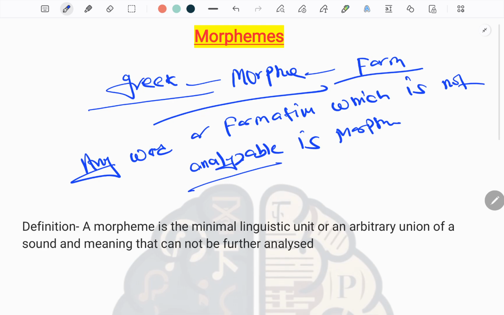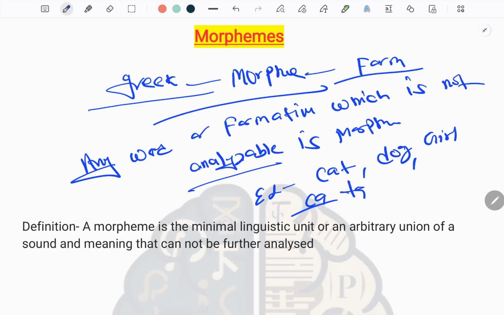Okay, if we take a simple example, like cat, or dog, or girl. If we write ca, ta, or tc, we do not have any kind of meaning from combining these letters.